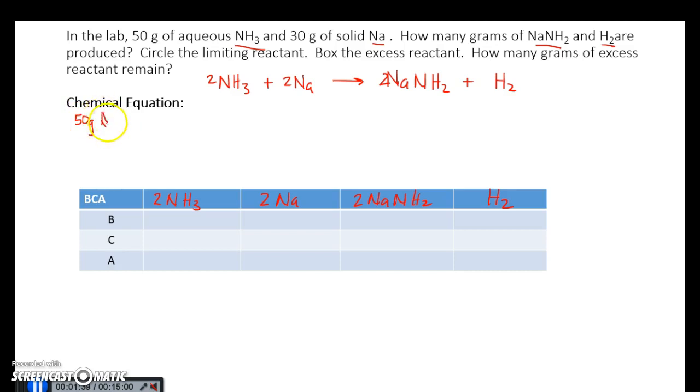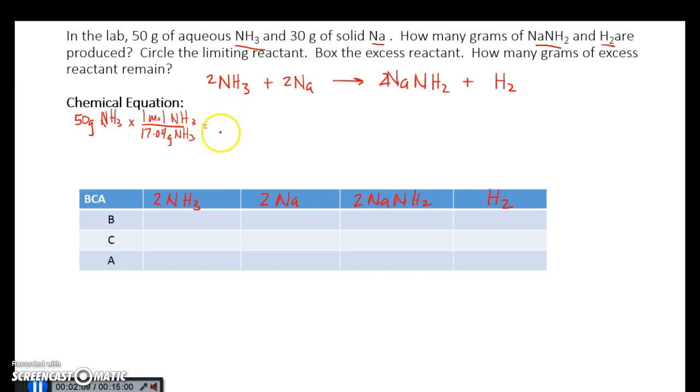If I have 50 grams of NH3, I look at my periodic table and I see that 1 mole of NH3, N being 14.01 grams, and each hydrogen being 1.01 gram. If I add those together, it works out to be 17.04 grams of NH3 over 1 mole of NH3.